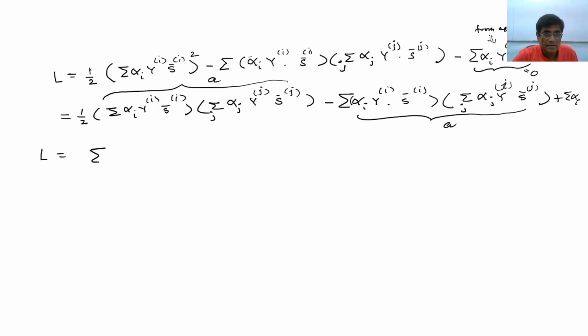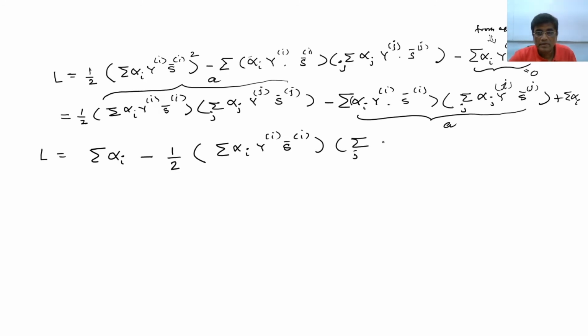My expression, I will bring alpha I because that is plus here, minus half of this alpha I y sub I s I times sum over j alpha j y sub j s j. Okay, nice.